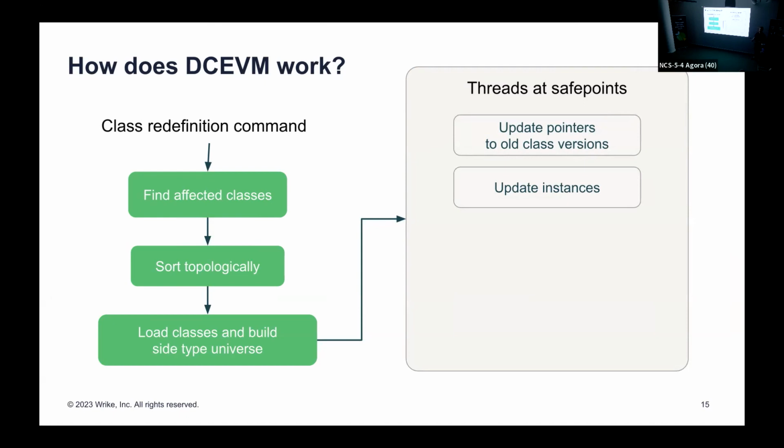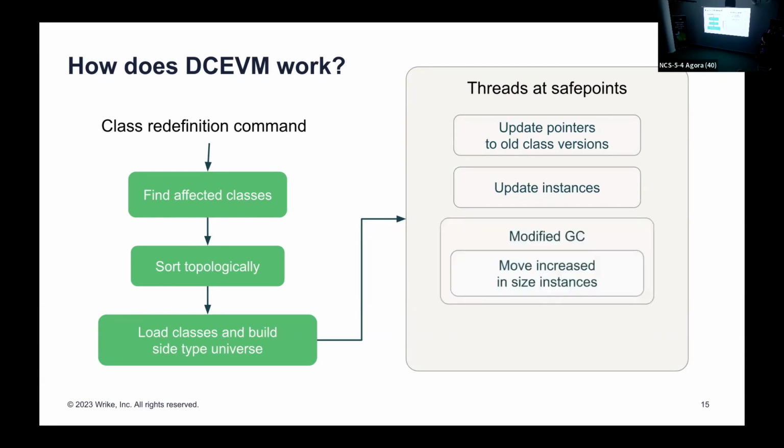This update happens in place, and this is to support cases when we, for example, removed a field using hot swap, or removed a field and added another field. So we just have to update the content of the object instances. The next step is to deal with the instances which should be increased in size. This is done through a modified garbage collection process, which basically allocates more memory for them and moves these objects to another place.